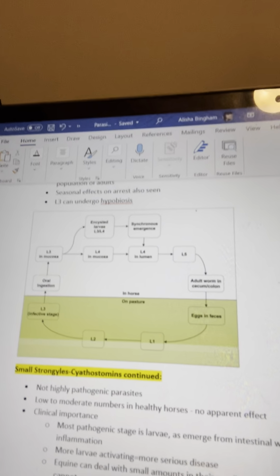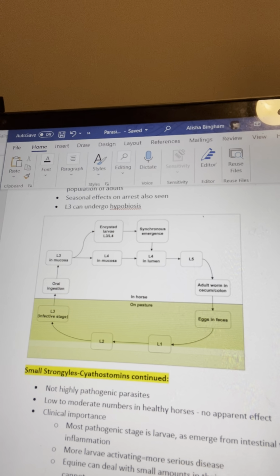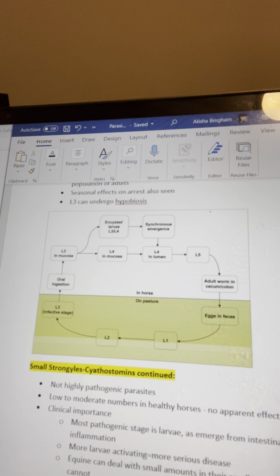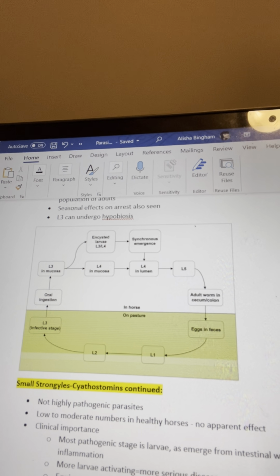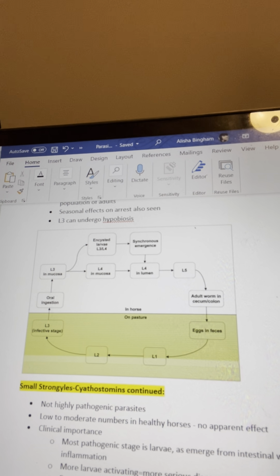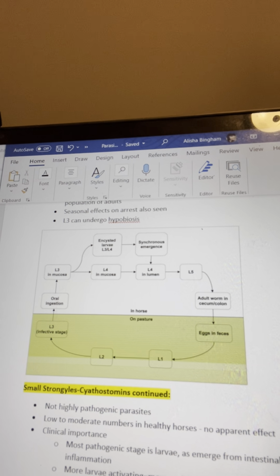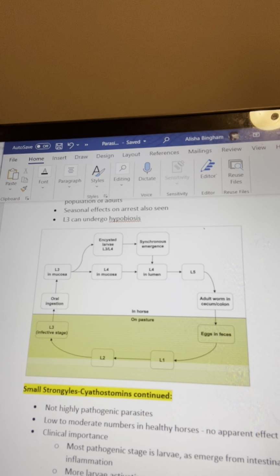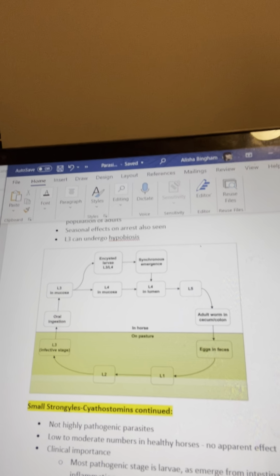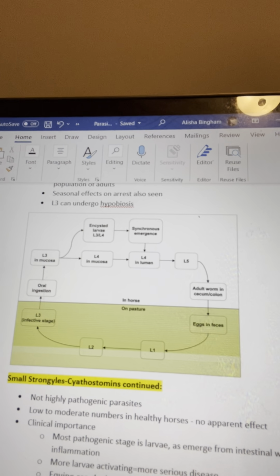So again, continuing here, so here's what they can do. So again, L3 being the infection stage. The eggs in the feces go through the L1, L2, and hit the infectious stage of L3. They are orally ingested. The L3 is then in the mucosa. They can become the L4 in the mucosa and L4 in the lumen to become L5s, to become adult worms in the cecum and colon.